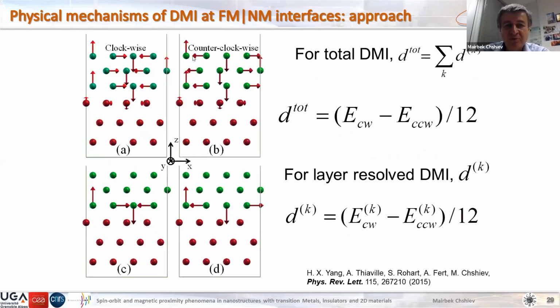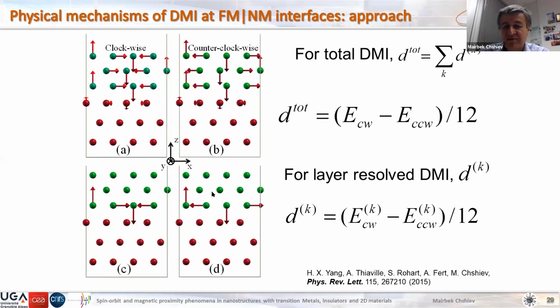Either you enforce these clockwise and counterclockwise configurations of all your cobalts. So you do these spin spirals in the 2 situations. But this will give you the total DMI. And if you look at the supplementary material, we explained in detail all the expressions, how we are getting those. But that is the situation of a total.